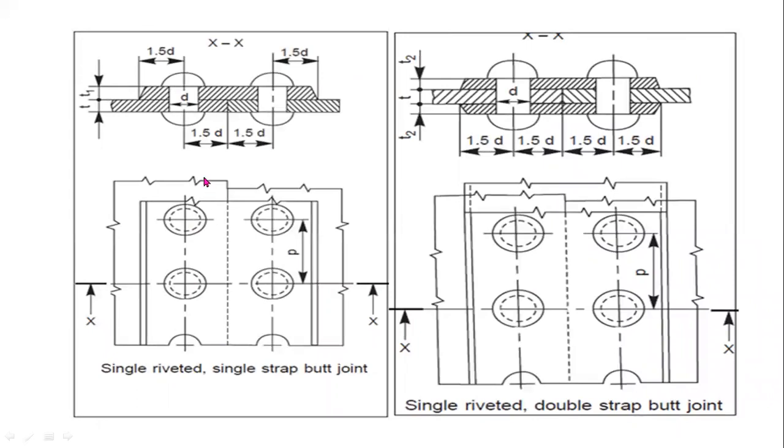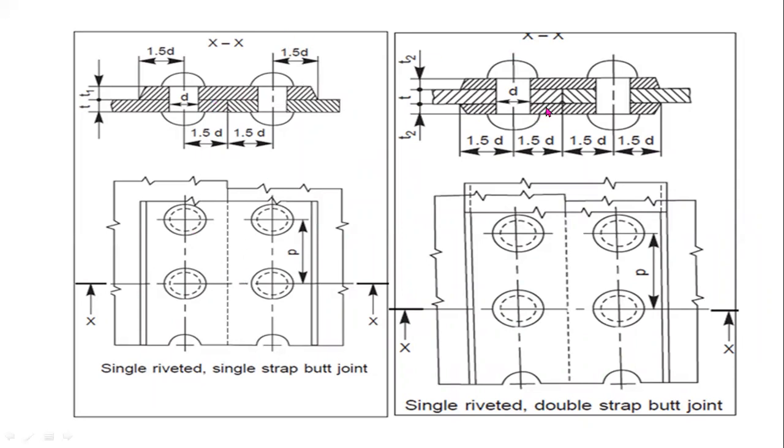So this is the butt joint. Here this one is one plate, this one is another plate. To join two plates we are using one cover plate or two cover plates for supporting. So this is a single strap butt joint, a single riveted single strap butt joint. This cover plate is also known as a strap.